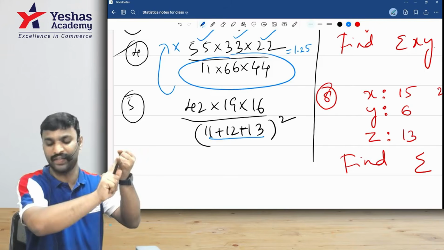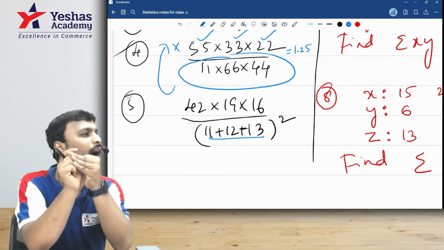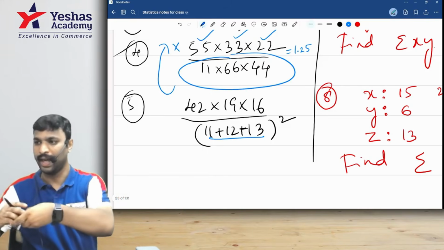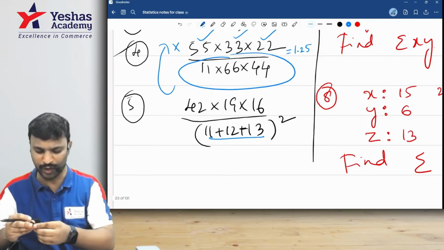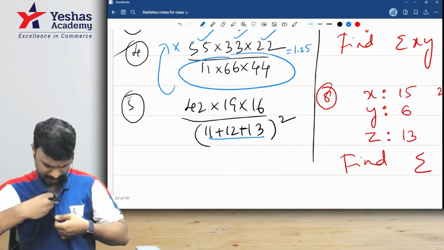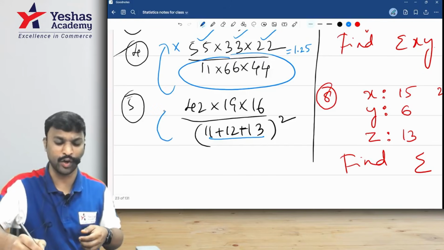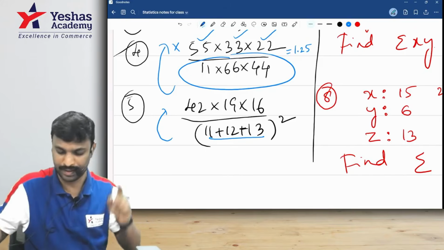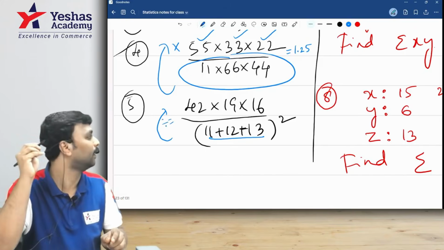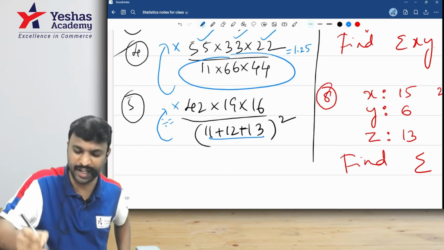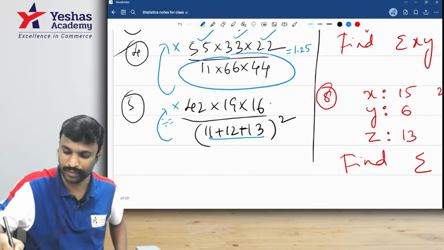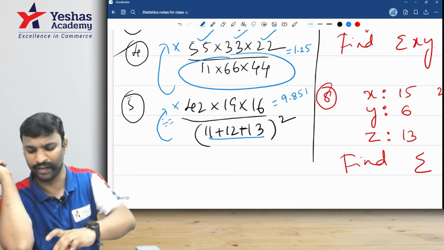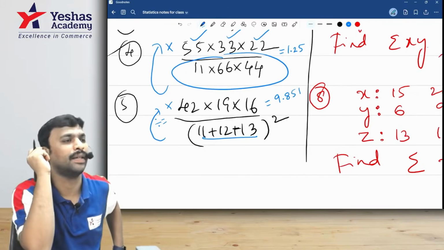Denominator. Do it. 11 plus 12 plus 13. How would you square it? Into equals. Next, what you will do? Why divide equal? For taking reciprocal. When can you take the reciprocal? When the numerator is simple. How do you take reciprocal? What do you do after that? Into. Quickly, do it fast. 9 point. Everyone got this?